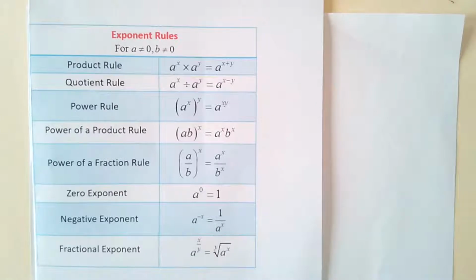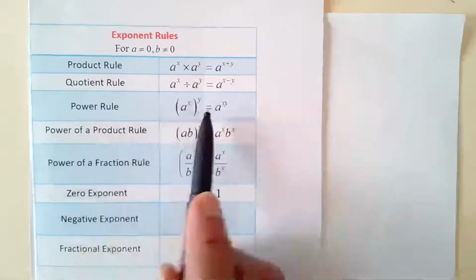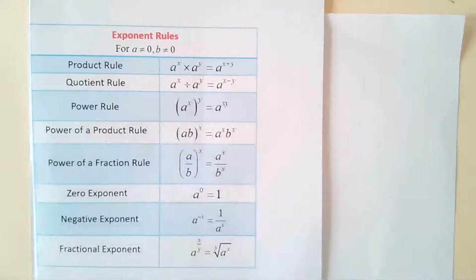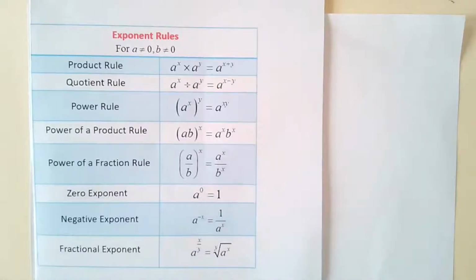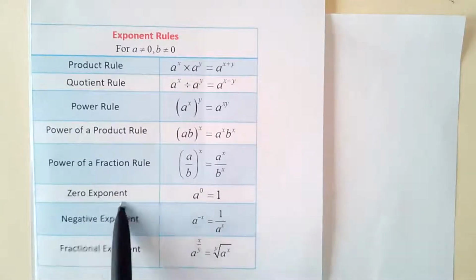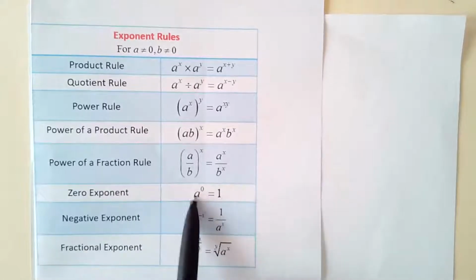The quotient rule, the bases are the same, we subtract the exponents. The power rule, we have a bracket, we multiply the exponents. The power of a product rule, the exponent is the same for both.